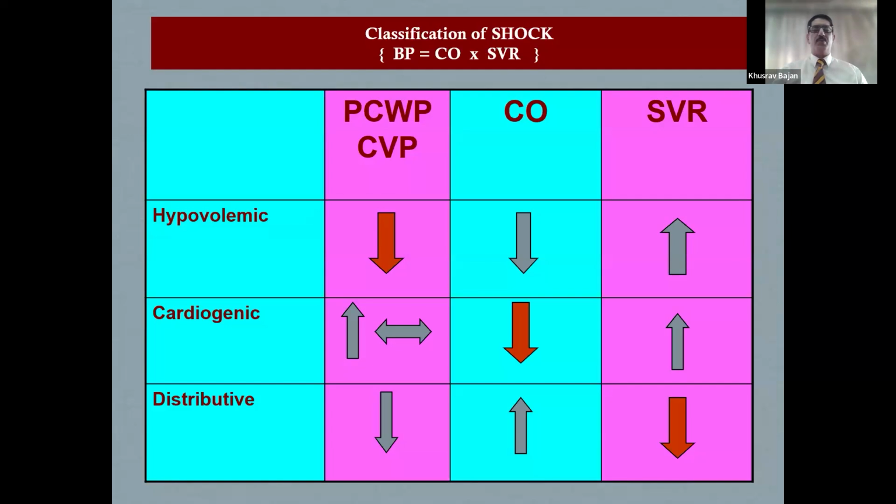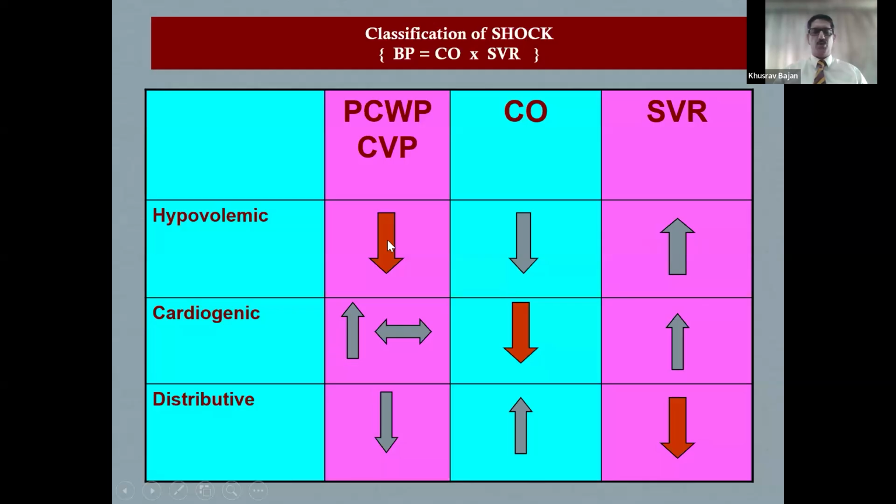So if the cardiac output is low, the SVR will be high, and if SVR is low, cardiac output will be high. In a preload shock, the patient is hypovolemic, dehydrated from gastroenteritis, or a trauma patient who has bled a lot. Because of that, the cardiac output will be low, and because of that, the SVR will actually be high.